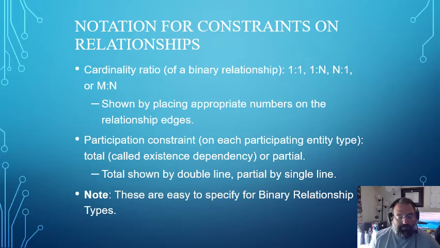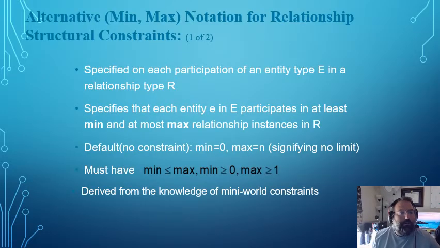Note these are easy to specify for binary relationship types. There's also alternative min-max notation for relationship structural constraints, specified on each participation of an entity type E in a relationship of type R. It specifies that each entity e in E participates in at least min and at most max relationship instances in R. Default, no constraint, is min 0 max n with no upper limit.